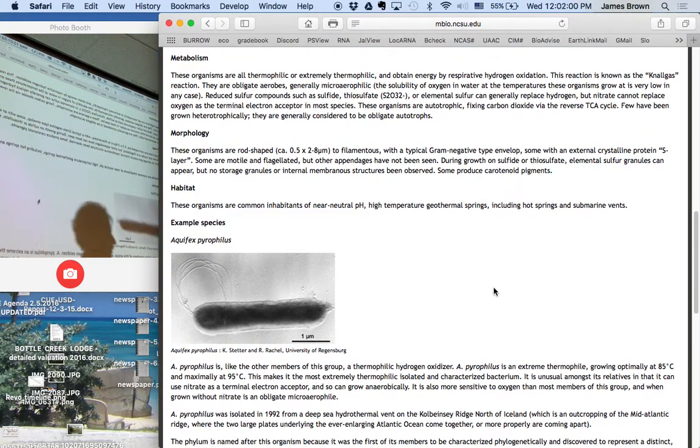Metabolically and physiologically, these organisms are homogeneous. These things are typically rods or filaments. They are all thermophilic, some extremely so, and they are all hydrogen oxidizers. Can you think of a chemical reaction that generates more energy than hydrogen oxidation?